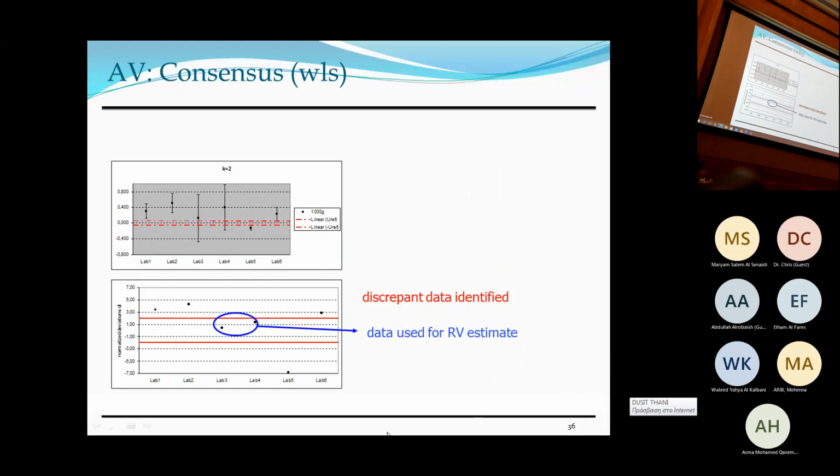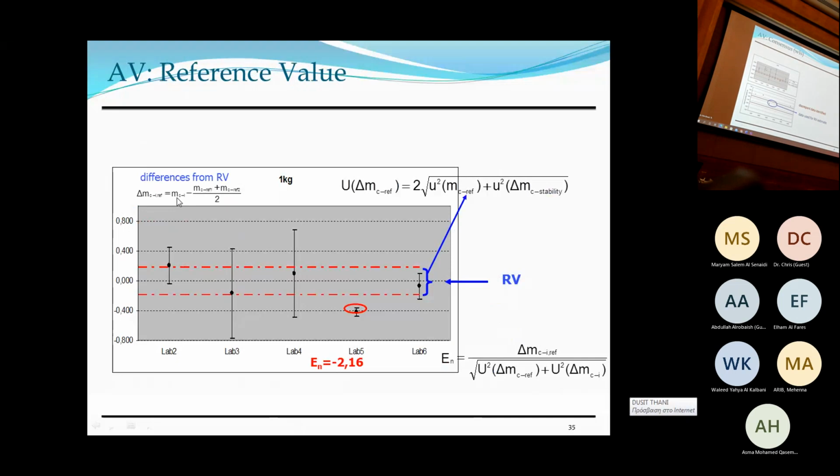So now you see, again, the picture is the difference from the reference value, or the assigned value, I'm sorry. So here we are. The red lines are the uncertainty associated with the assigned value as determined through the procedure of weighted least squares. And the rest are the results. They're the same results as here.